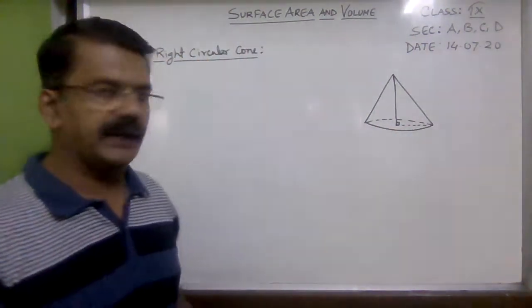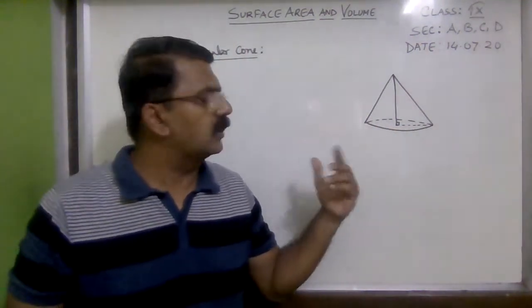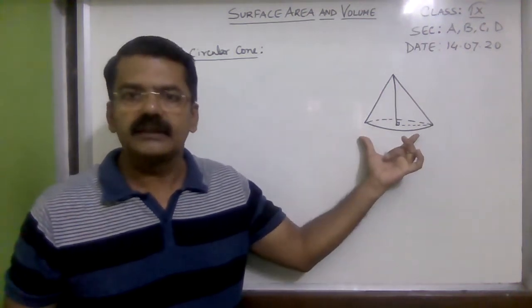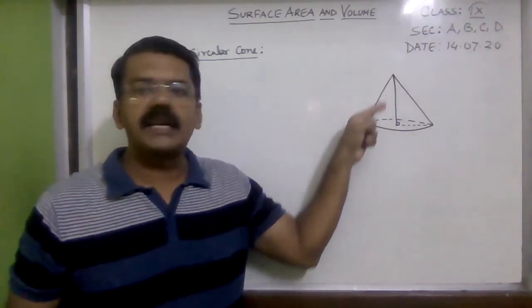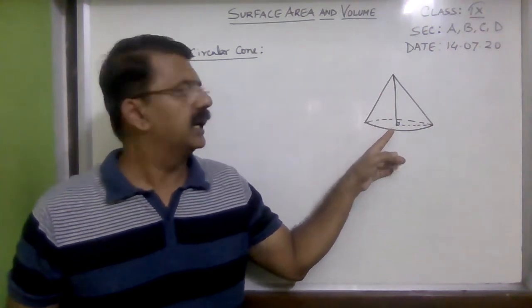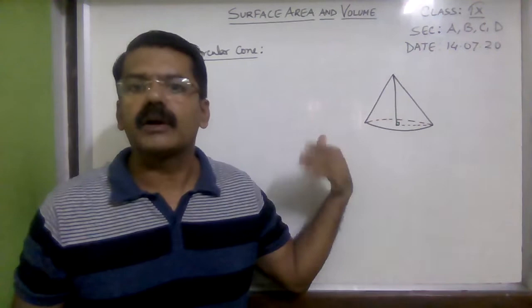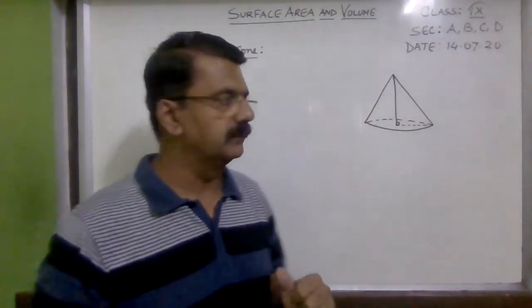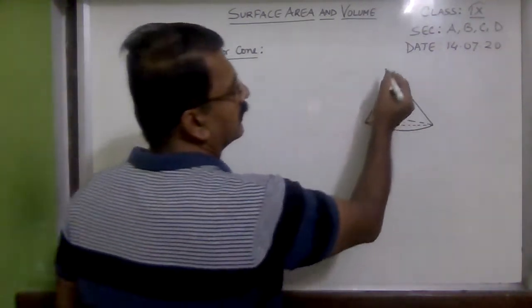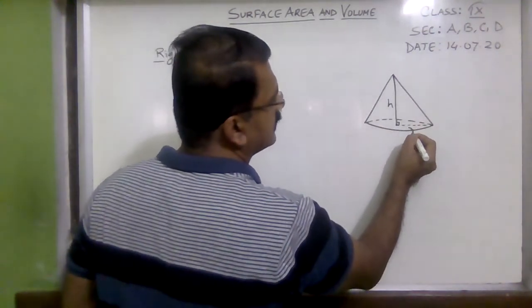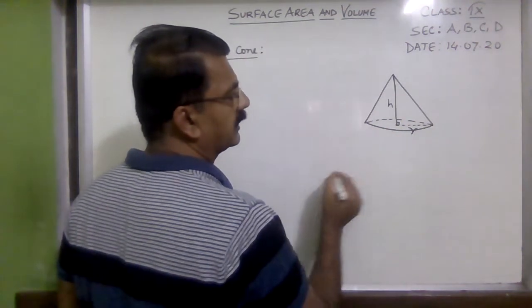Clear? So I repeat, this solid is called a right circular cone because the base is a circle, that is why it is circular, and the line joining the vertex with the center of the base is perpendicular to the base, or right angle to the base. Now this is the height of the cone, that is h. This is the radius of the base.